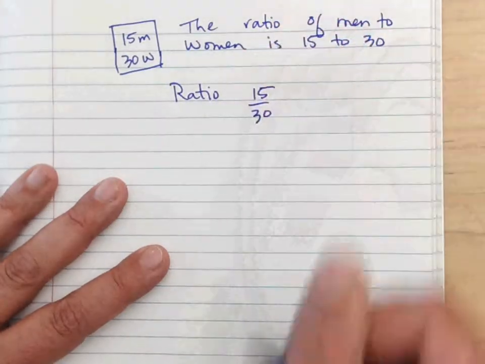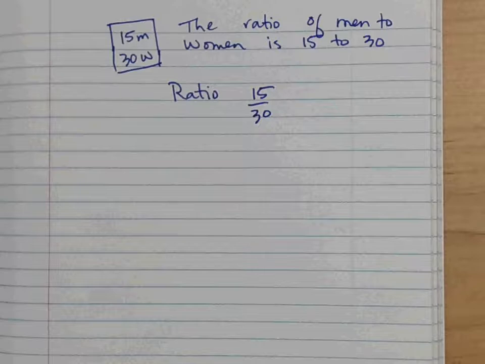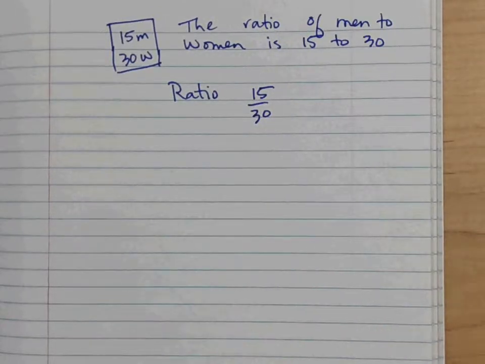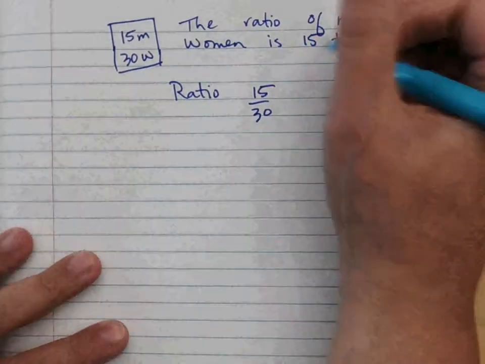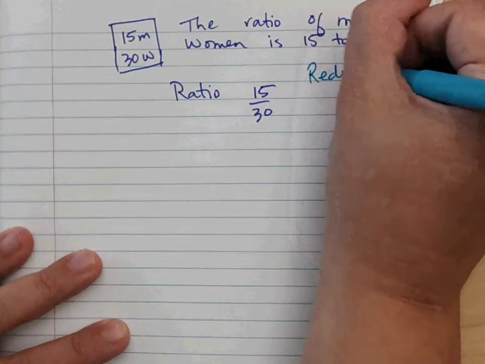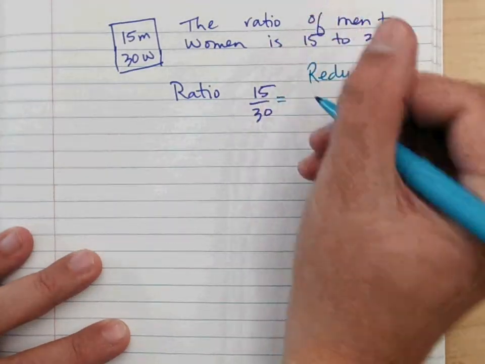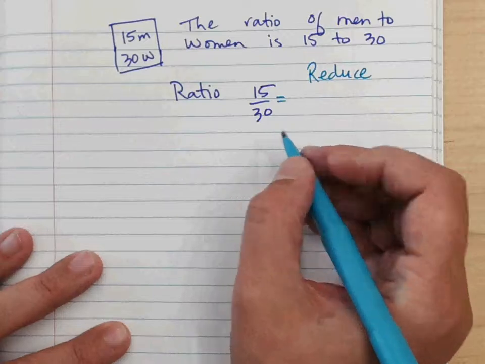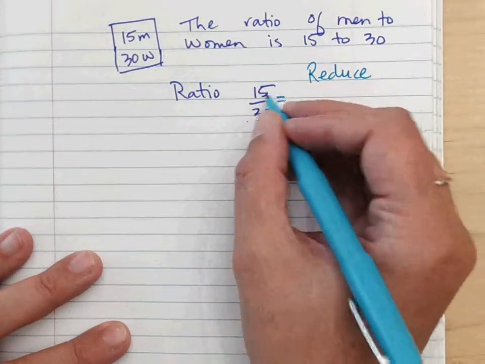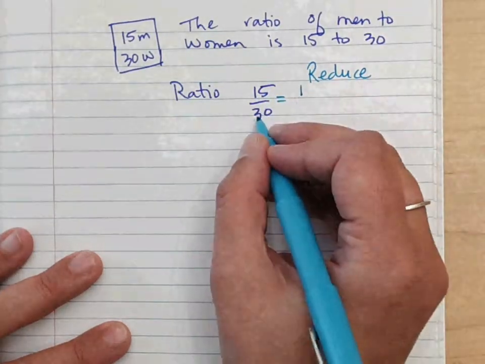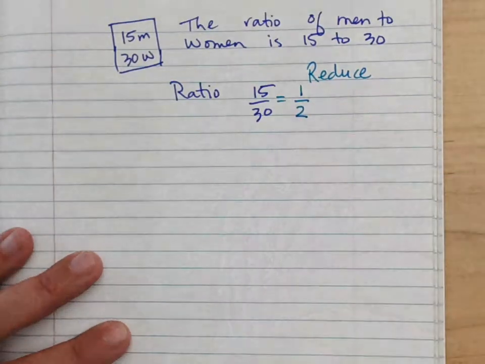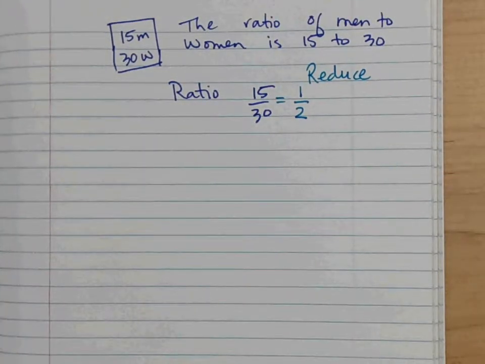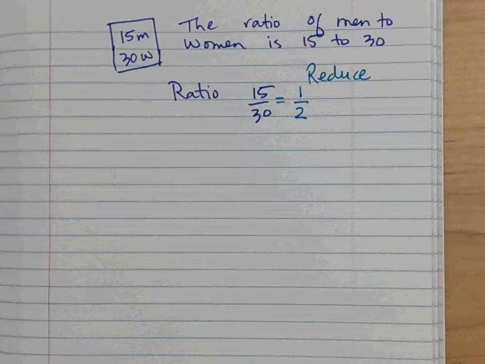Okay, so if I write that ratio of men to women, then I would have 15 over 30. And some of you might notice, well, that fraction reduces. So you can always reduce a fraction the same way. So let's just reduce. And you might notice that 15 is half of 30, so 15 goes into both of these. 15 goes in here once, 15 goes in here 2 times. So the ratio is actually 1 to 2, and that's how you typically hear the ratio expressed.